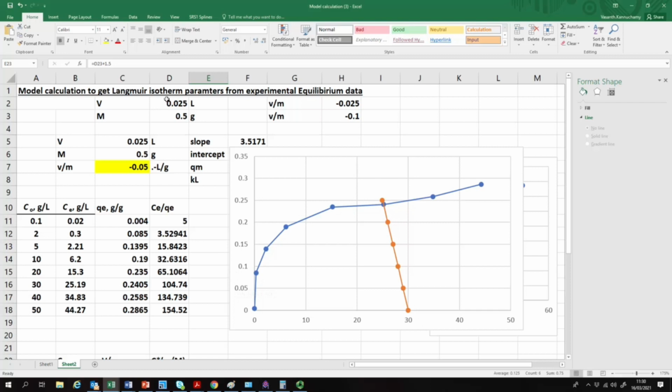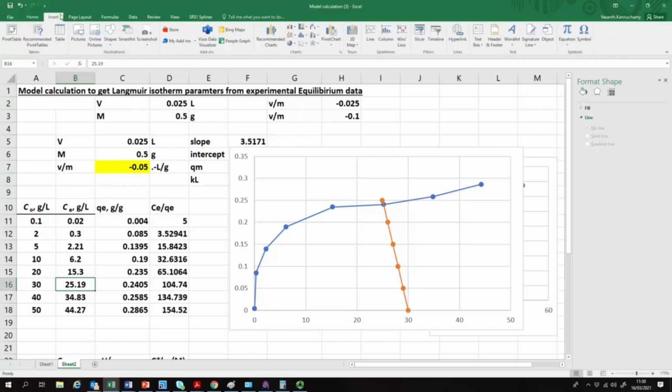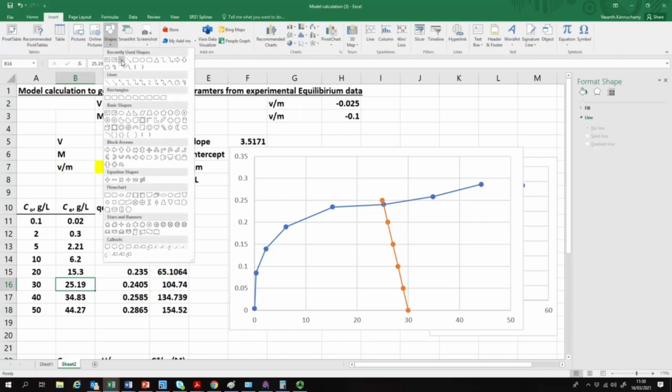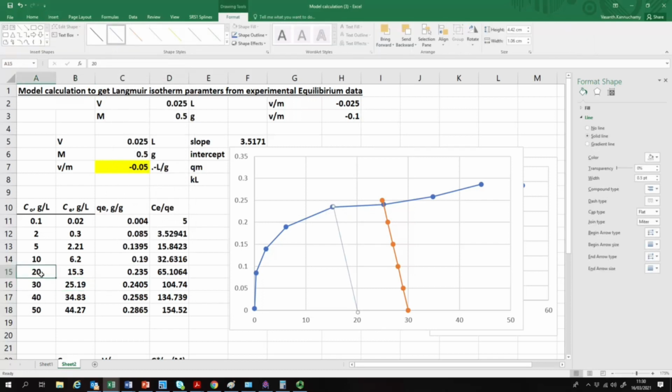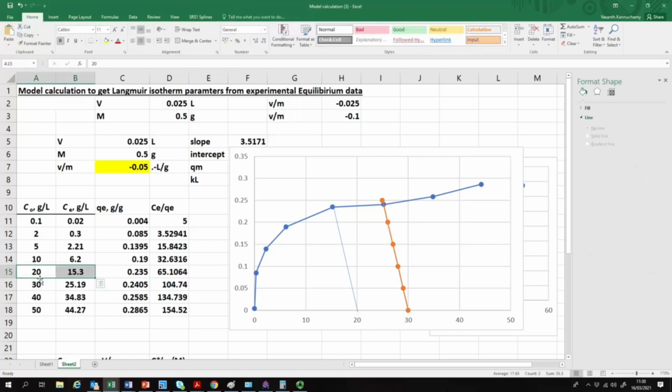We already know the volume, the mass, the initial concentration and the equilibrium concentration. So if I ask you to draw that operating line, all you need to do is take a pen and just connect it. If you start your experiment at 20 grams per liter, your corresponding equilibrium concentration is 15.3, so it's somewhere around here.